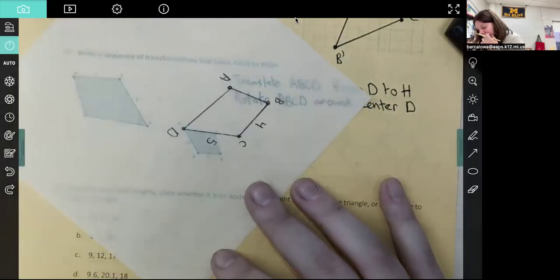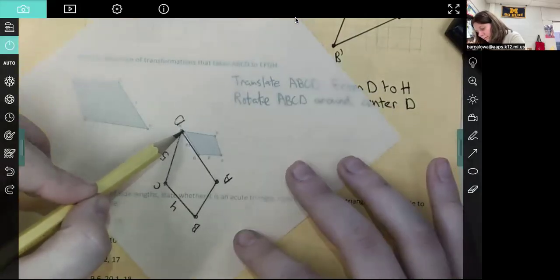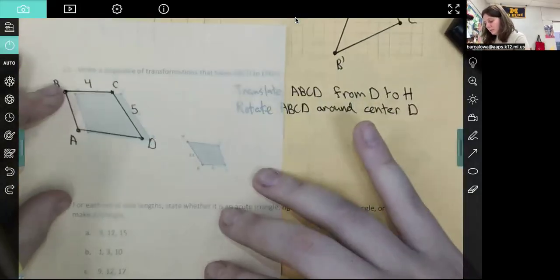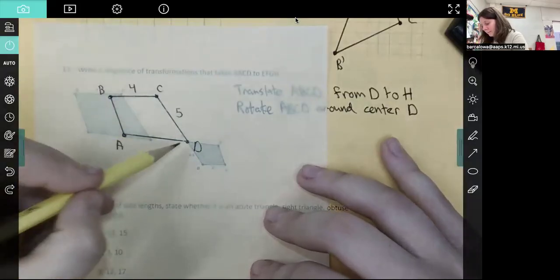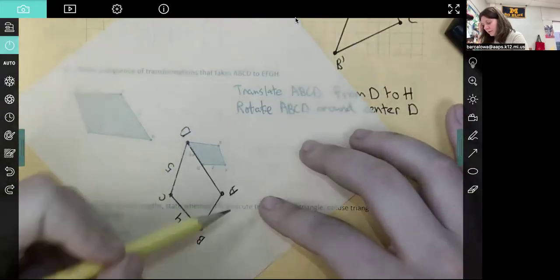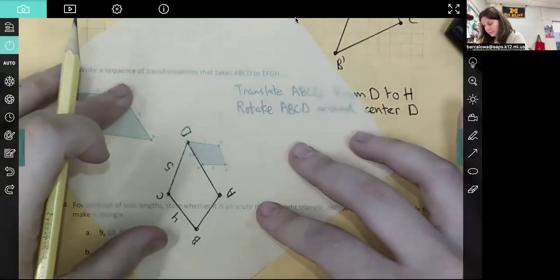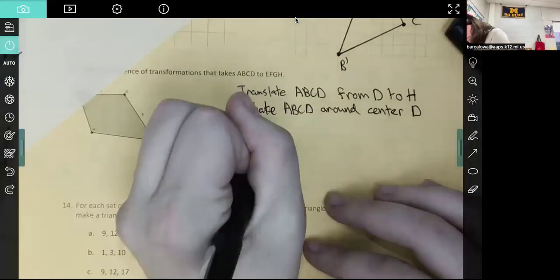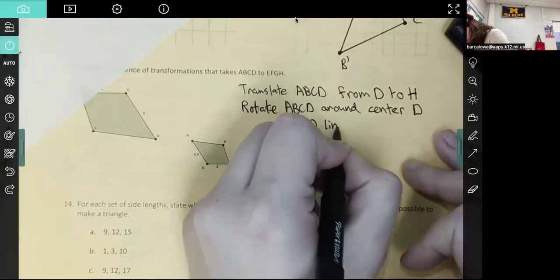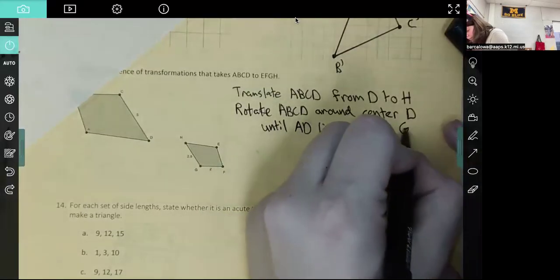Maybe there, or there. Either way, let's go this way. So from here to here, I'm rotating around D until AD lines up with GH.